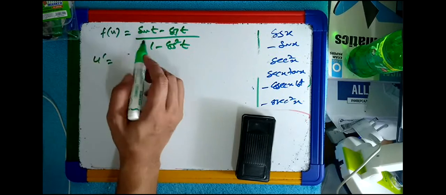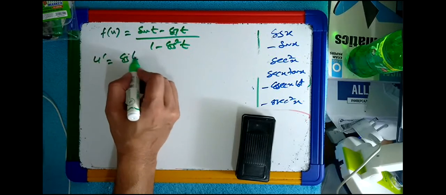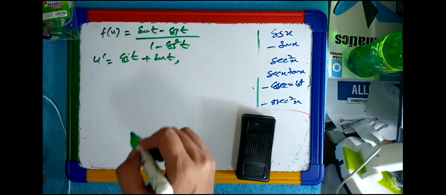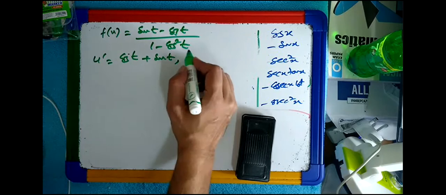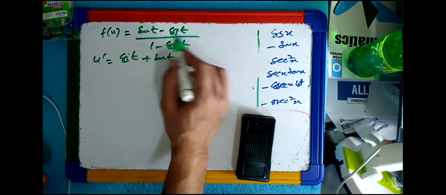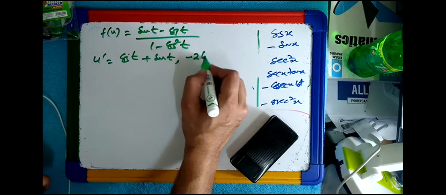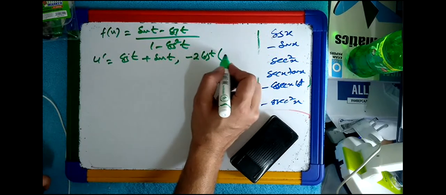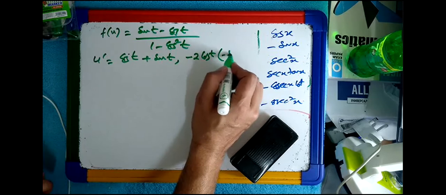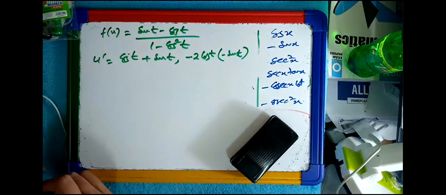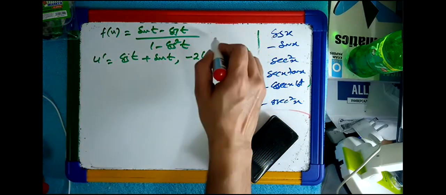U dash will be cos t plus sin t. You agree? Now v dash. What is the derivative of this one? The derivative will be minus 2 cos t into minus sin t. This is the derivative of the denominator, v dash.